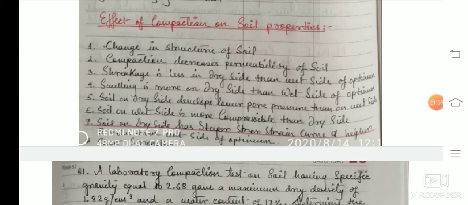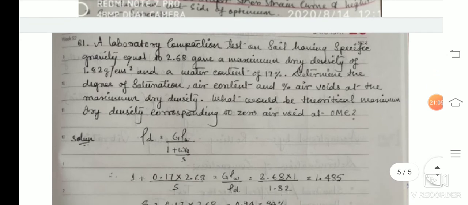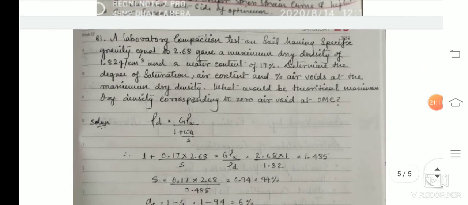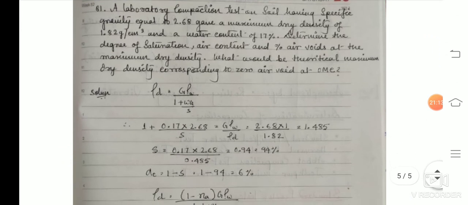Lastly, we are moving to a numerical problem related to compaction. A laboratory compaction test on soil having specific gravity equal to 2.68 gave a maximum dry density of 1.82 gram per cc and a water content of 17%.